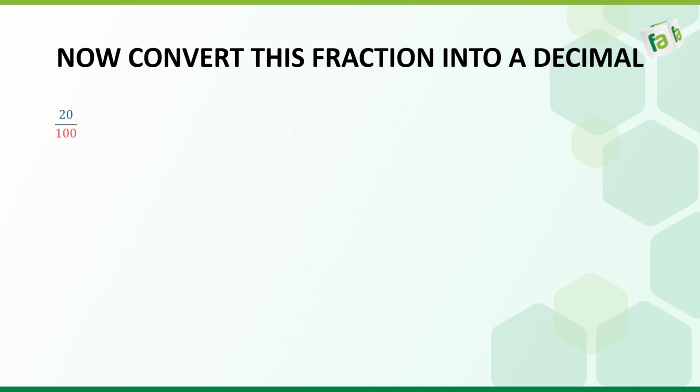Twenty by 100 represents 20 hundredths. First, write down the numerator, which is 20. Second, find out the number of zeros in the denominator. In this case, it happens to be 100.